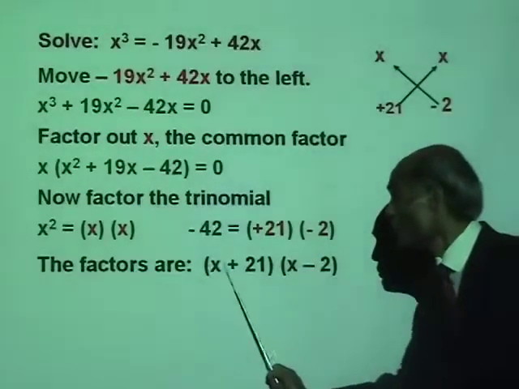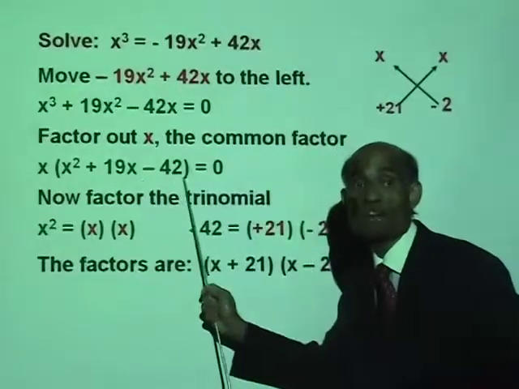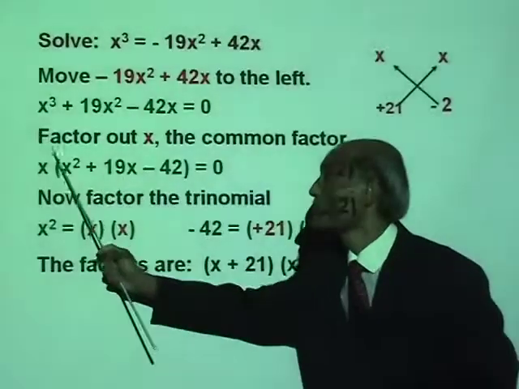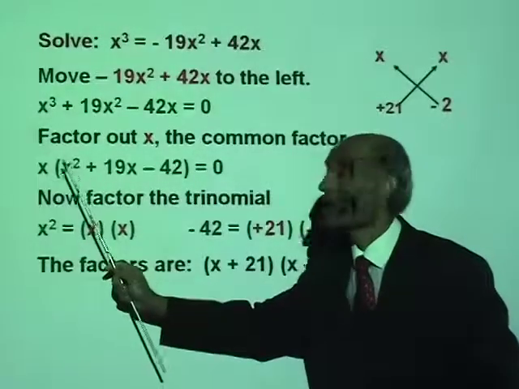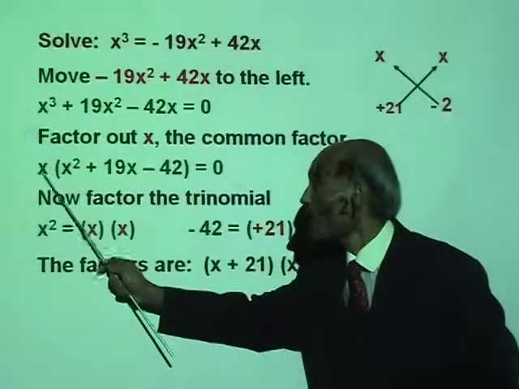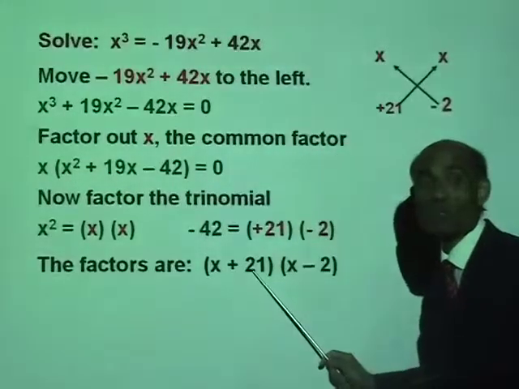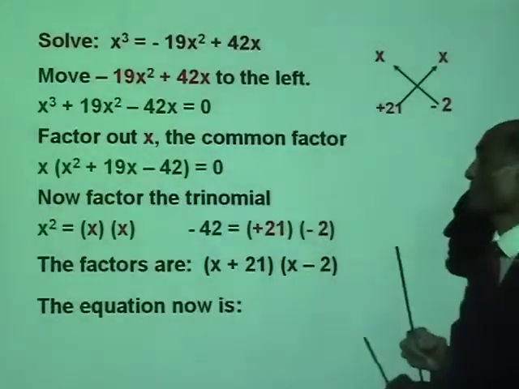Now, these two factors are the factors of this trinomial. That means, what does this whole equation now become? It will become x times, remember that is the common factor, x times x plus 21 times x minus 2 equal to 0.